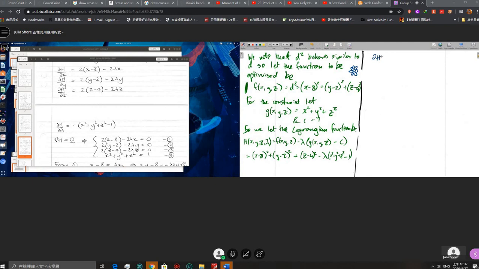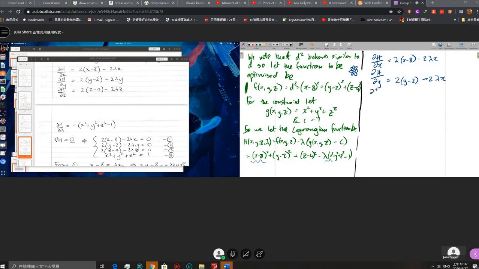Alright, so we find dh dx. So that would mean we think about that bit, and we think about that bit. So we're going to get that's 2 outside x minus 8 minus 2 lambda x. And our partial of h with respect to y is not going to be particularly different. So we're going to get 2 outside of y minus 2 minus 2 lambda y.